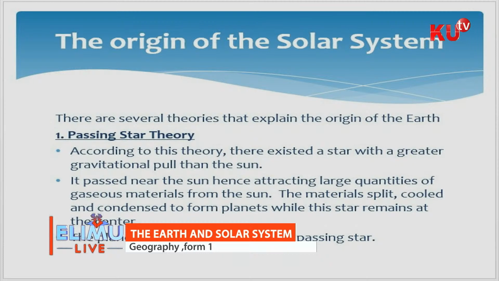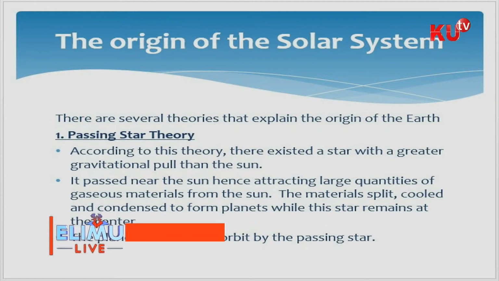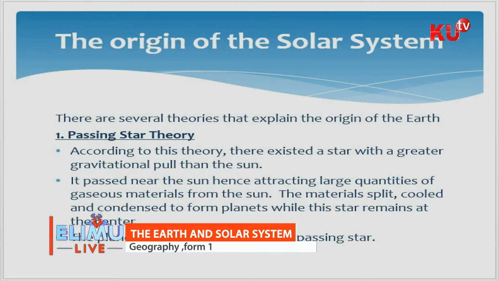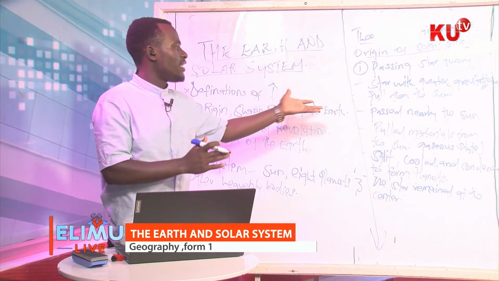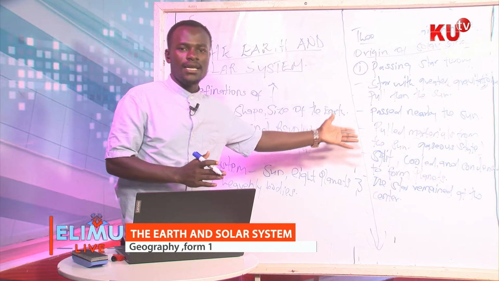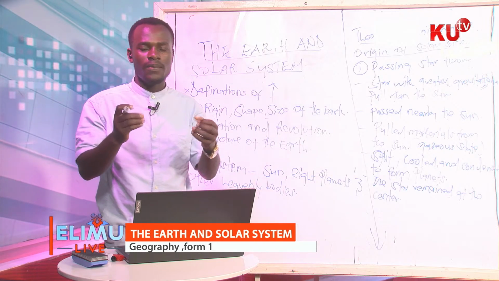So students, that is the passing star theory. In a nutshell, there existed a star with a greater gravitational pull than the sun. This star passed nearby, came close to the sun, and pulled materials from the sun.